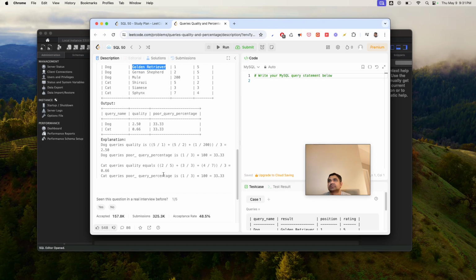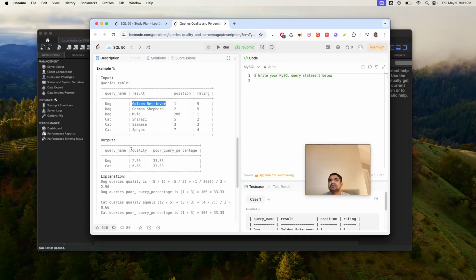The calculation is also mentioned here for query quality. You can see the rating is 5, 1, 2 and the position is 1, 2, 200. So it is 5 by 1, 1 by 2, and 2 by 200, divided by the count, you take the average from here.